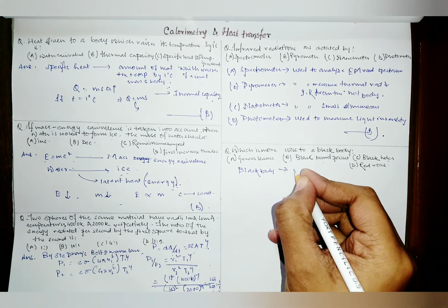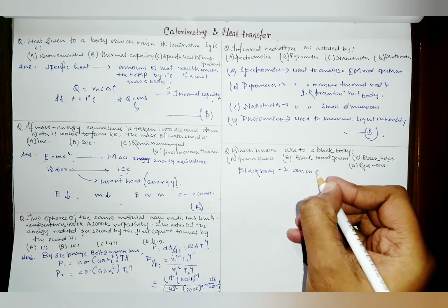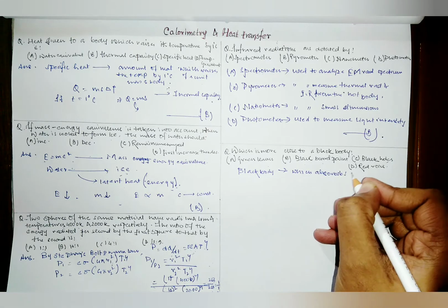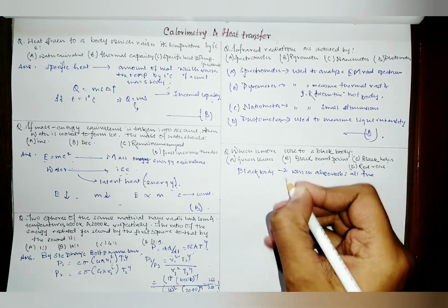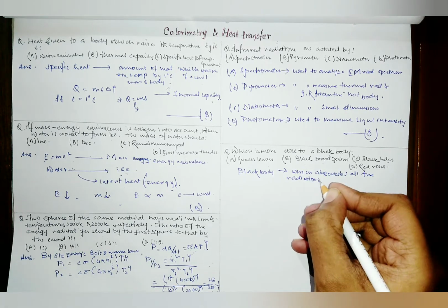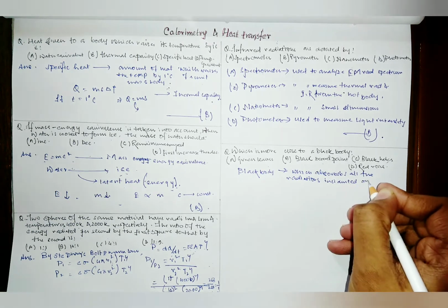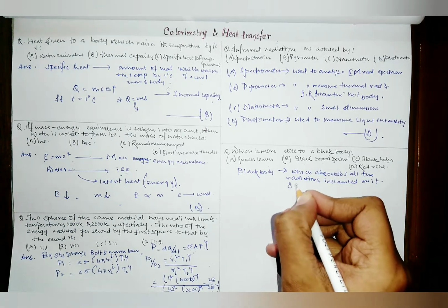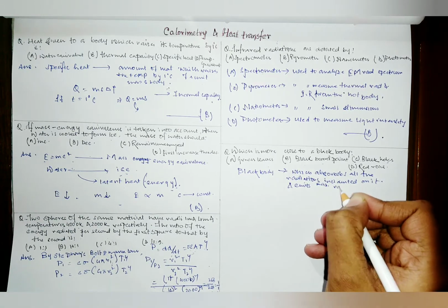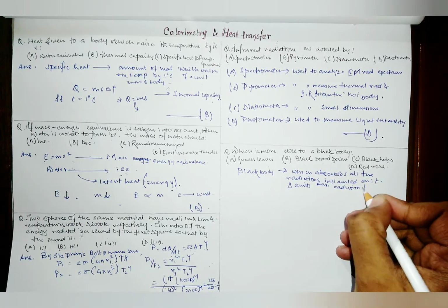A black body is that body which absorbs all the radiations incident on it and emits maximum radiation from it at a specific temperature.